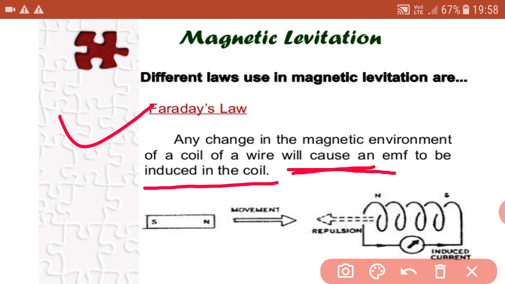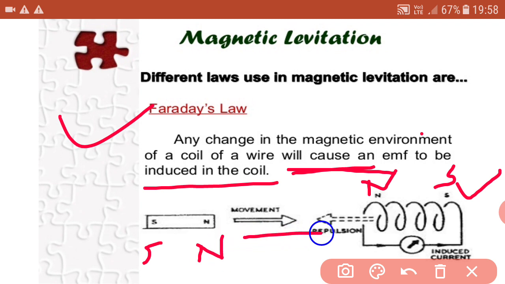Here we can see in this figure an N S pole, and there is an electromagnet. And this is a permanent magnet with N and S poles. If we move this permanent magnet near this electromagnet, then we know that here is a north pole and here is also a north pole, so there is a repulsive force between these two.